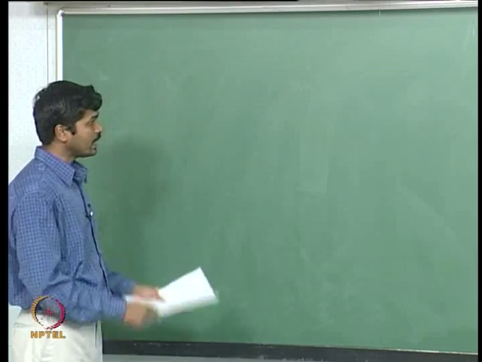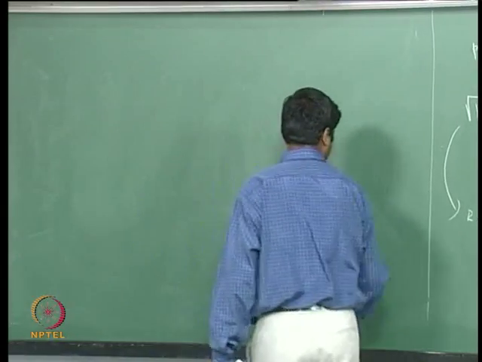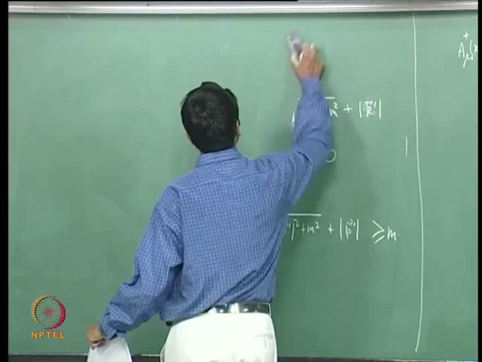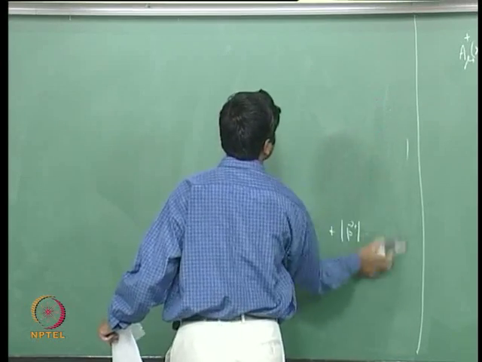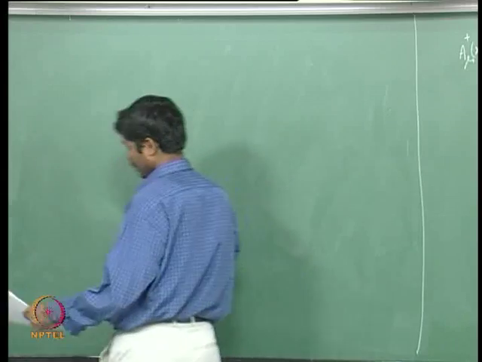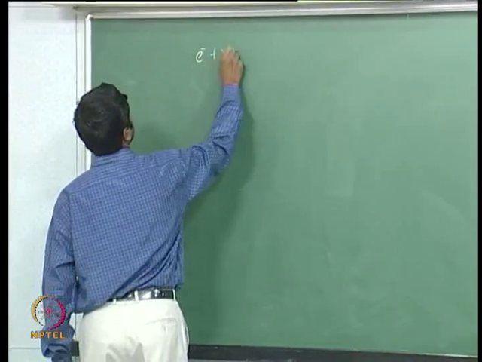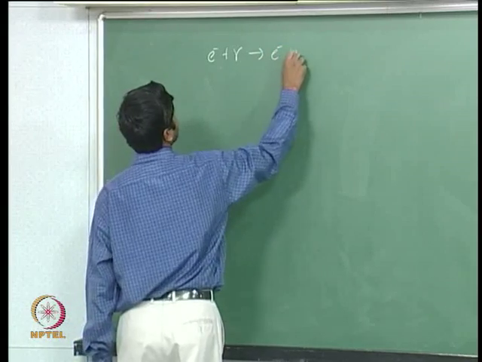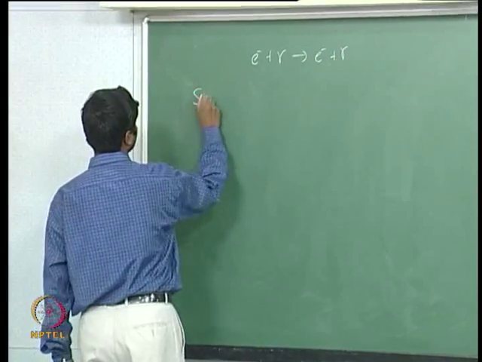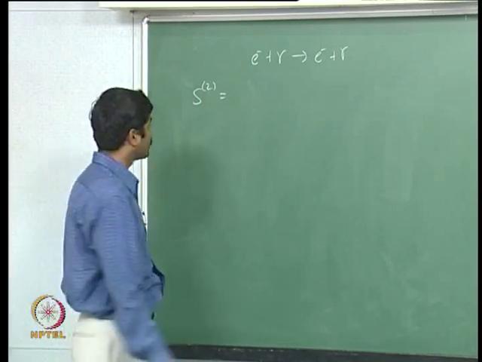So, in the case of Compton scattering, we have e⁻ + γ going to e⁻ + γ, and we saw that at the second order there are two terms which can contribute.